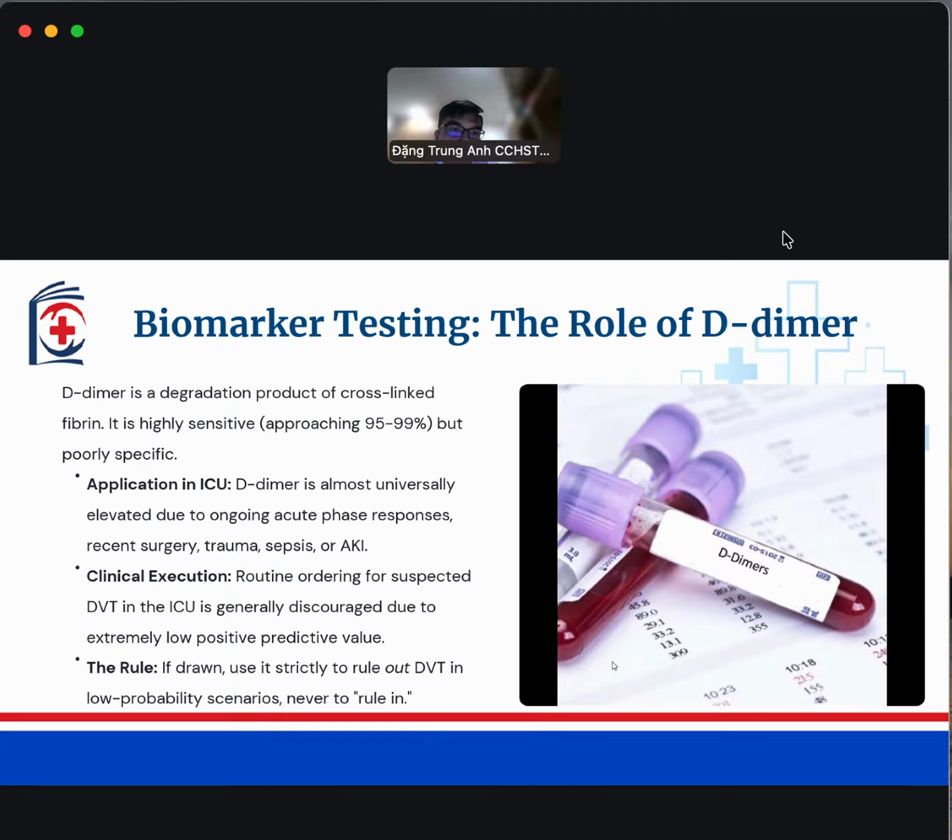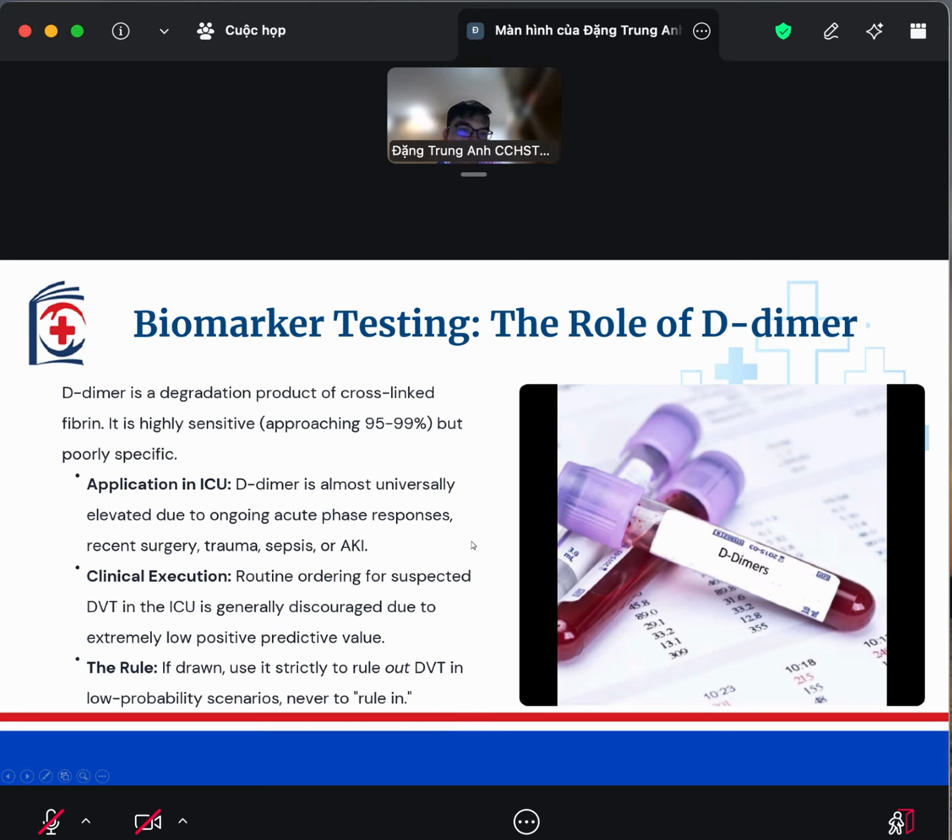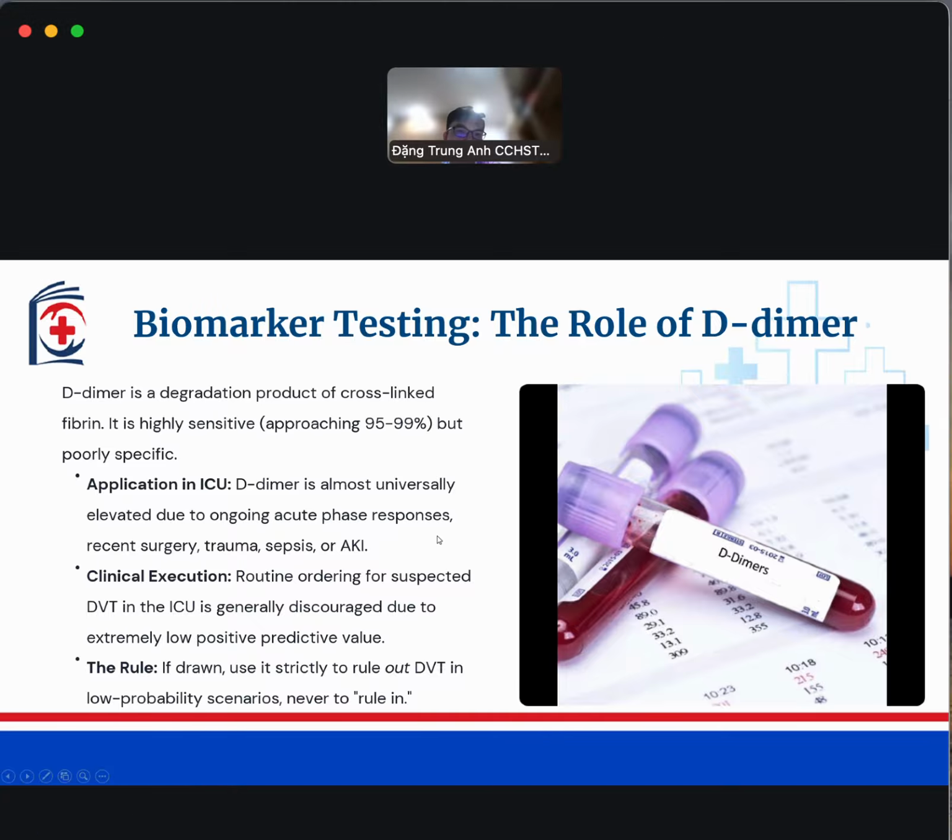It is highly sensitive, approaching 95 to 99%, but poorly specific for the diagnosis of DVT. Its application in the ICU: almost all patients have elevated D-dimer because of acute phase responses, for example recent surgery, trauma, sepsis, or AKI.